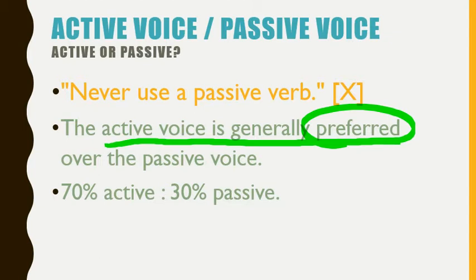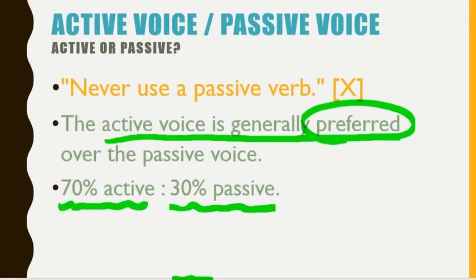And the typically accepted rule that I've seen in a lot of places is that your writing should be about 70% active and 30% passive. That's in general terms. If you don't consider whether you're using the passive voice where necessary or not.